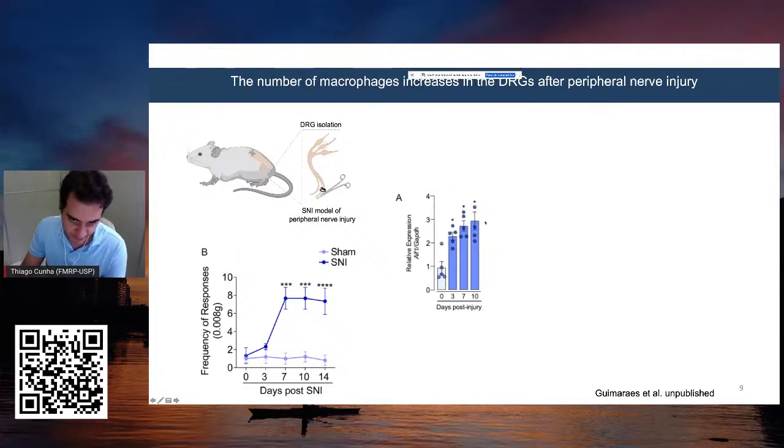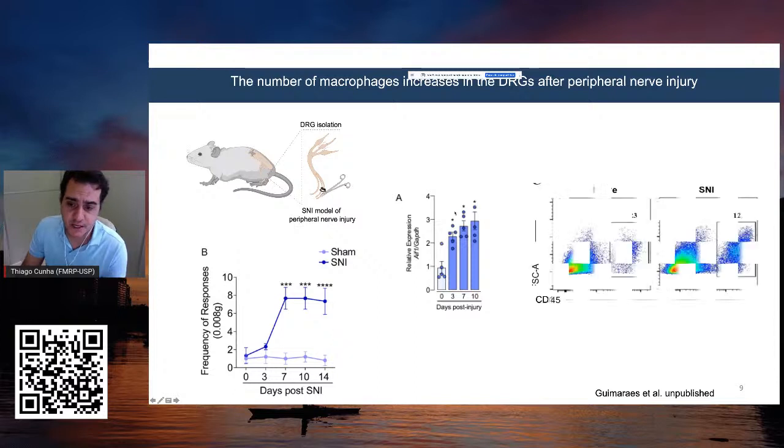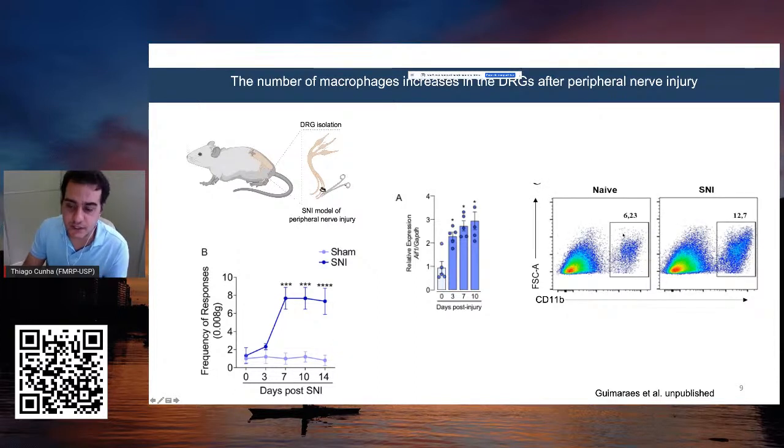For example, there is an increase in the expression of IBA1, which is a marker of activation of these macrophages. And there is also an increase in the number of these macrophages in the DRG.